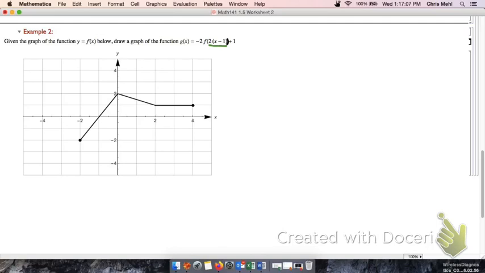So if you look at the inside changes, you'll notice that a is equal to 2, and remember that it's greater than 1, so that corresponds to a horizontal compression by a factor of 1/2. Okay, so the first step is to compress the graph towards the y-axis by half, or a factor of 1/2.